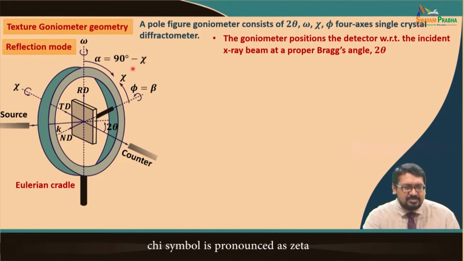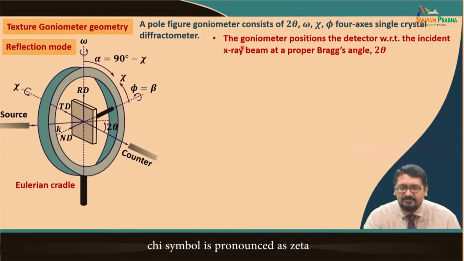So, this zeta rotation is along TD, and along the ND the rotation is known as the phi rotation, which is again anti-clockwise, or as per the right hand thumb rule, and the phi rotation is equal to the beta rotation that we have observed in the earlier slide. So, this is how the texture goniometer geometry looks like.